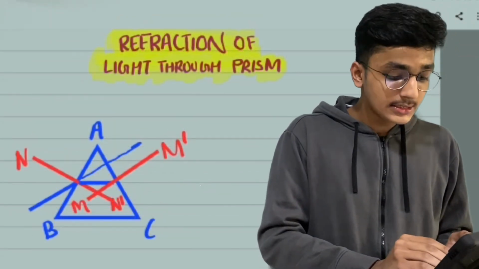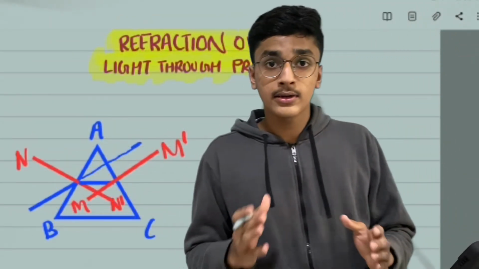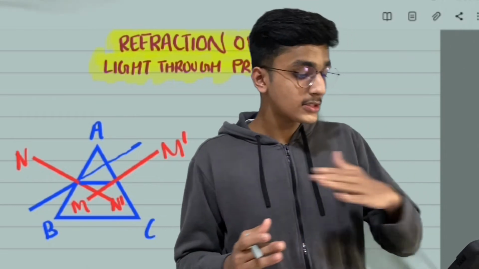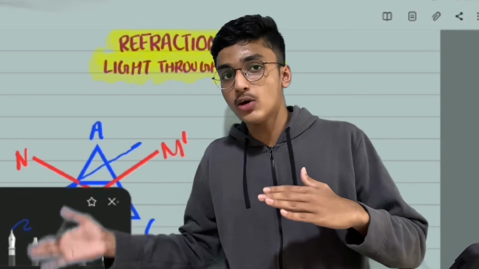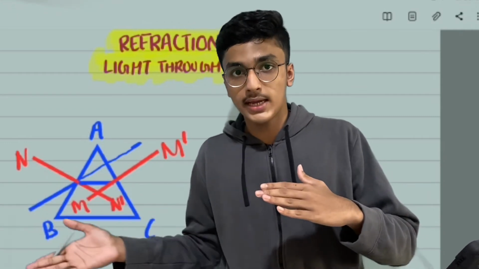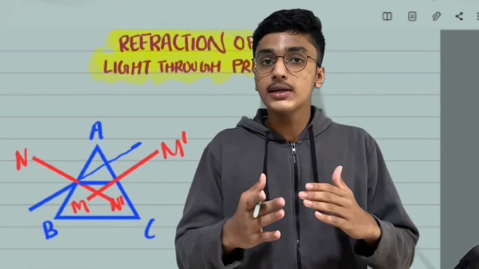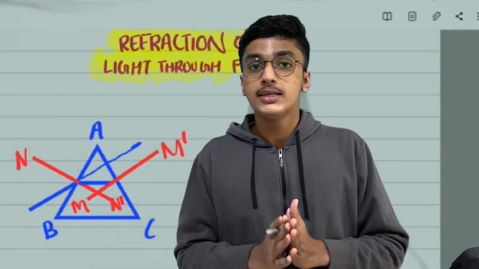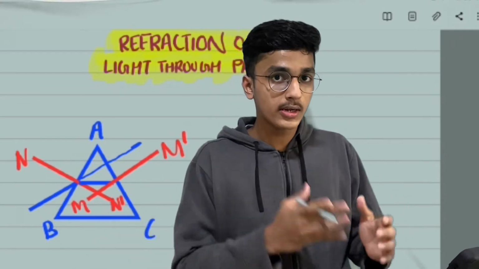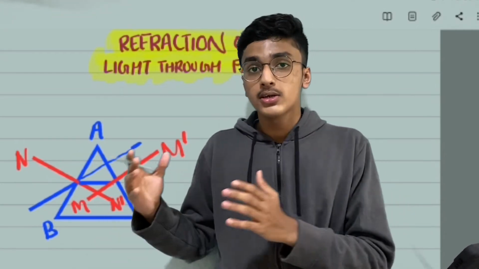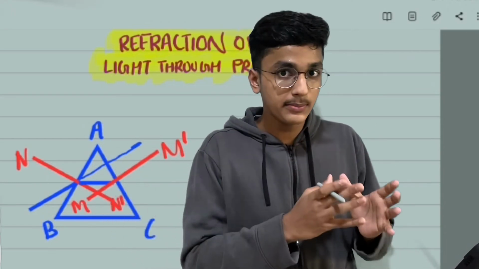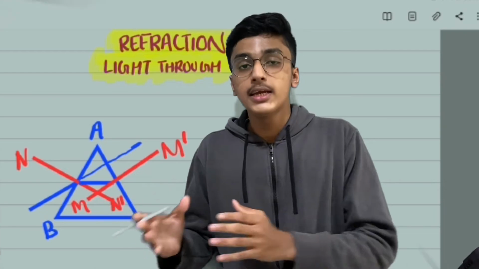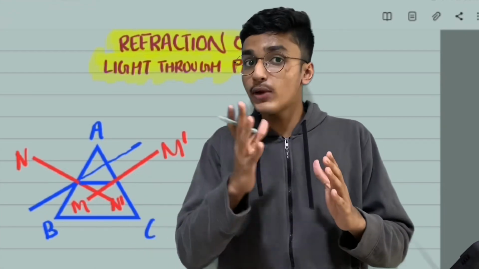As the refracted ray passes through the prism and refracts out into the air, it would further go away from the normal. This is because air is the rarer medium here and glass is the denser medium. So when light passes from a denser medium to a rarer medium, it would deviate away from the normal.